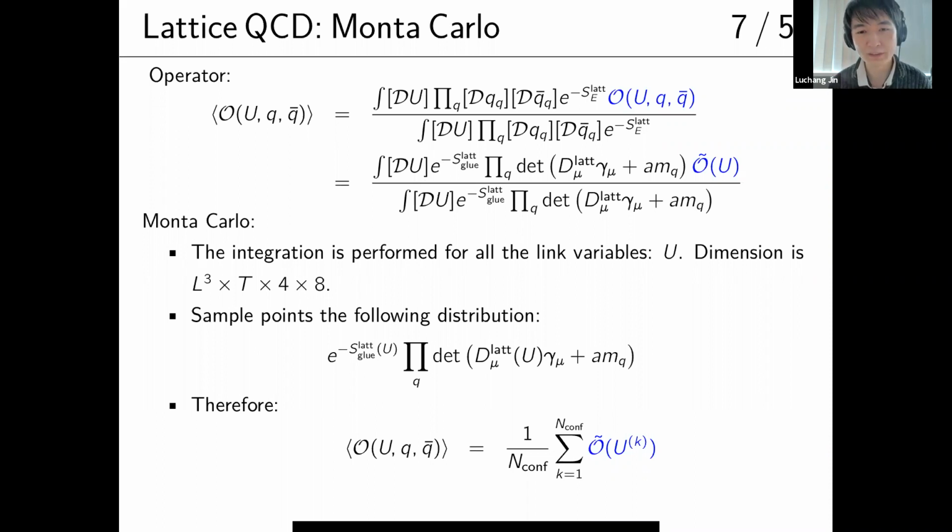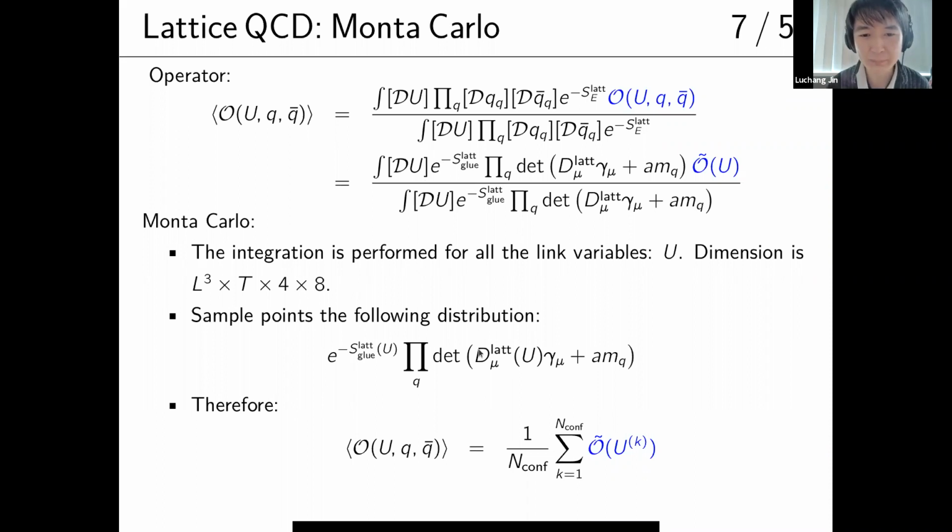Basically, we try to sample the gauge field with the following distribution: it has the gauge action and also the fermion determinant multiplied together. This is called the dynamical simulation.